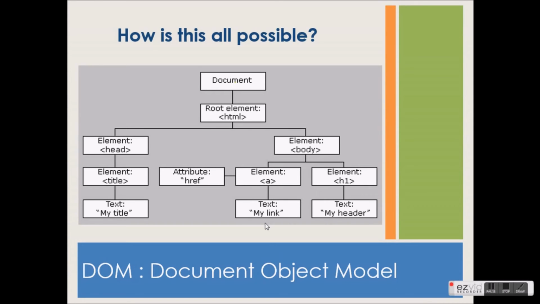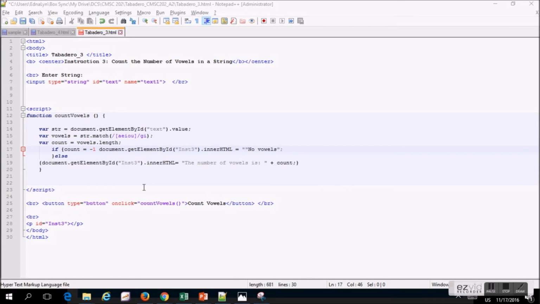So how do we connect the HTML with the JavaScript? This is done by using the Document Object Model, properties, and methods. A property is a value that you can get or set, while methods are actions that you can do. The most common way of doing this is using the document.getElementById.innerHTML.